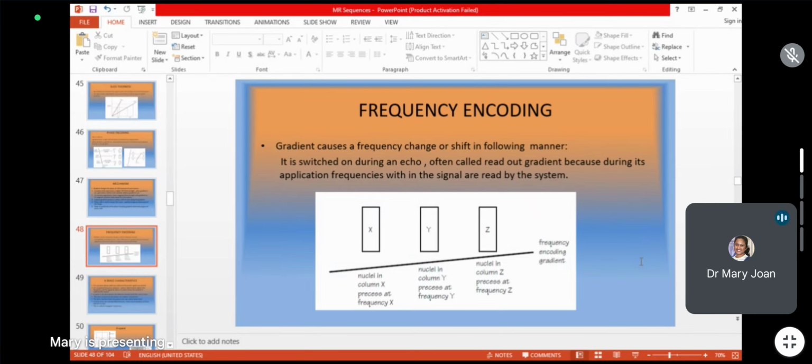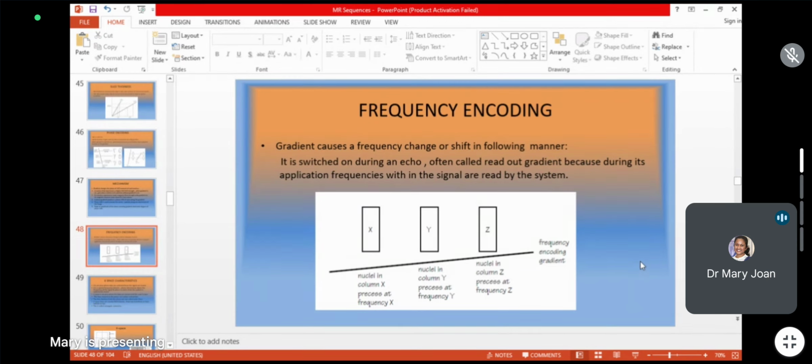And the next is the frequency. The gradient causes a frequency change or shift, which we are going to discuss. When it is switched on during an echo, it is often called the readout gradient, because during its application, frequencies within the signal are read by the system.